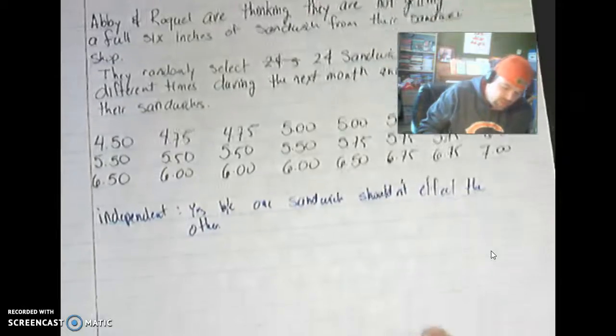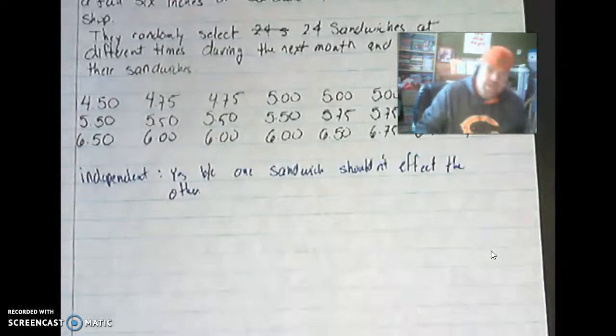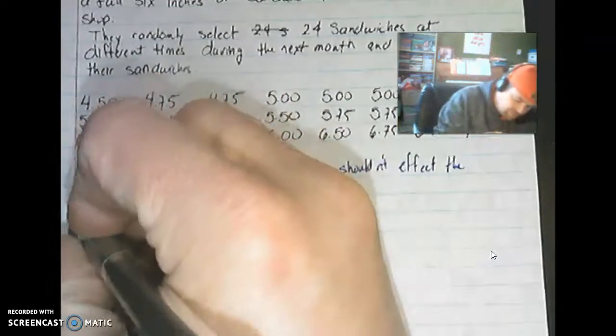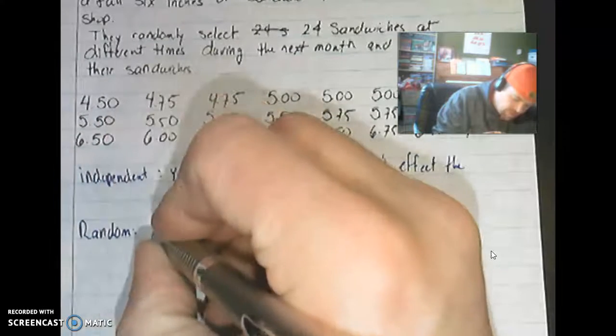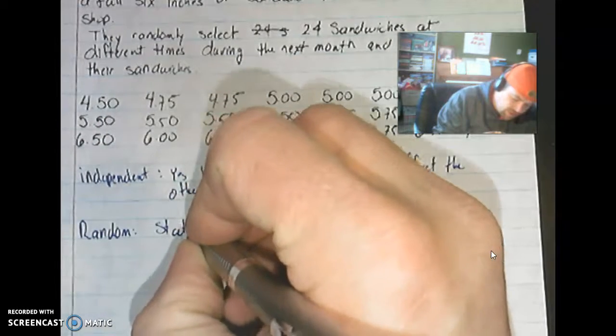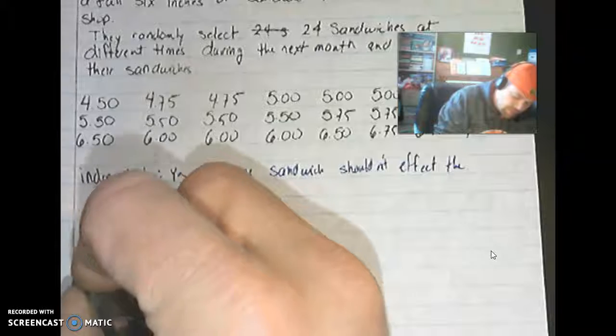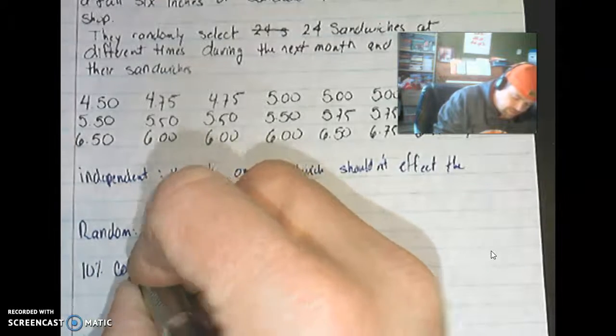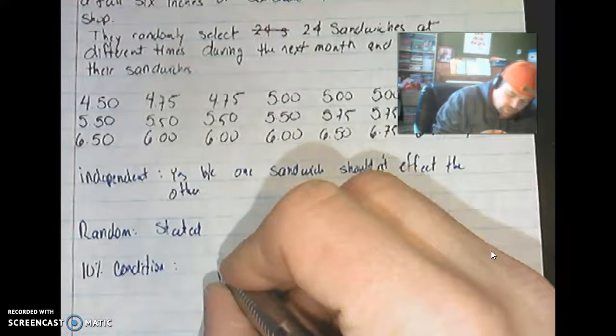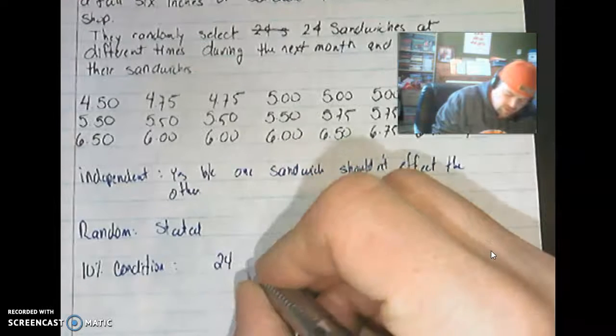Then the next one is random, and that's stated, so we're good there. My 10% condition: we've got 24 sandwiches.